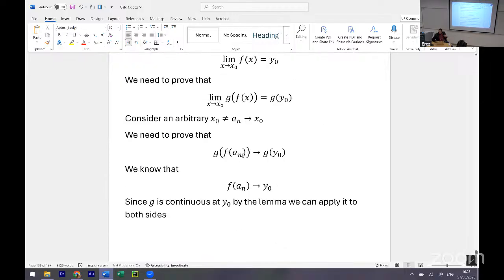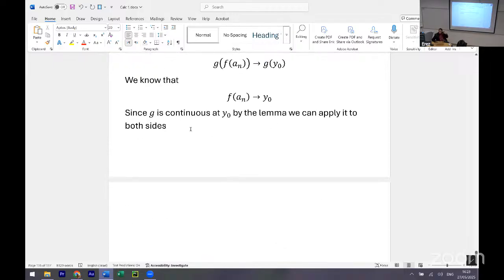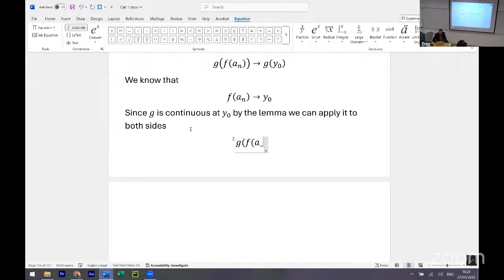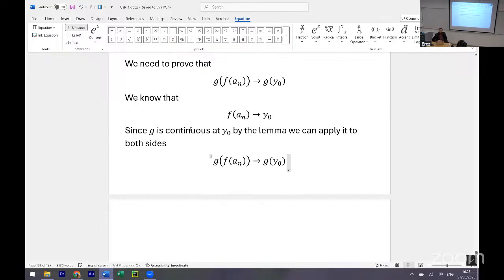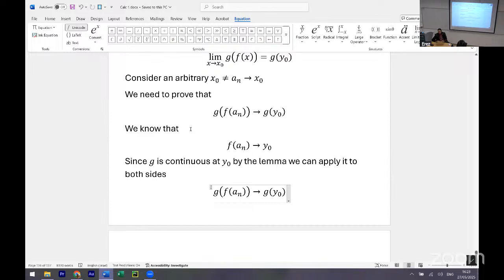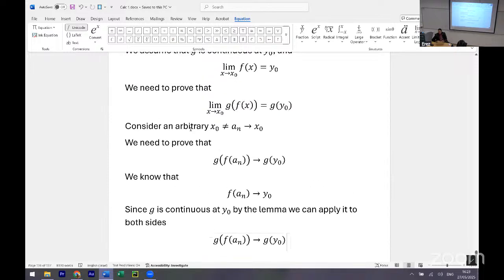So due to the continuity, we can say that g of f of an tends to g of y0 exactly as needed, and we are done. Yes, Thomas. I wanted to ask, when you say g is continuous at y0, you mean x equals y0, right?